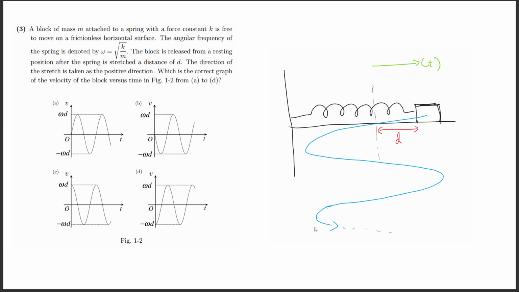And we can express the position of the block. So we take the right direction as the positive direction and the left direction as the minus direction, and we treat this wave as time goes on, it will shape a wave like this.